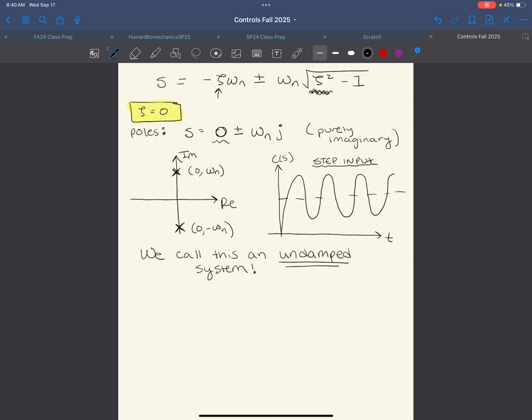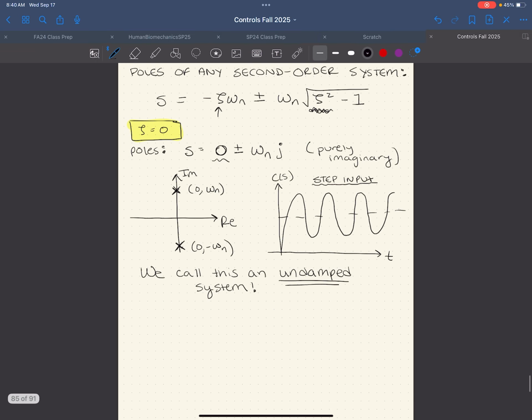All right, now let's look at the next case for zeta. What happens to our poles if zeta is between 0 and 1? Let's look at what happens to our poles.